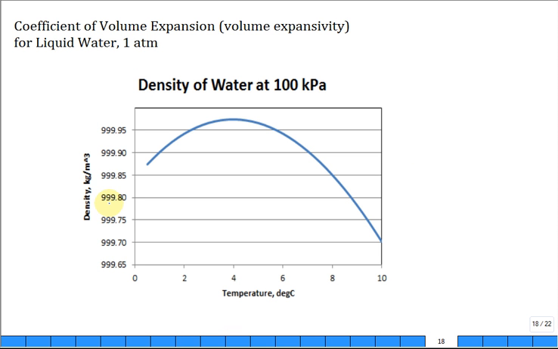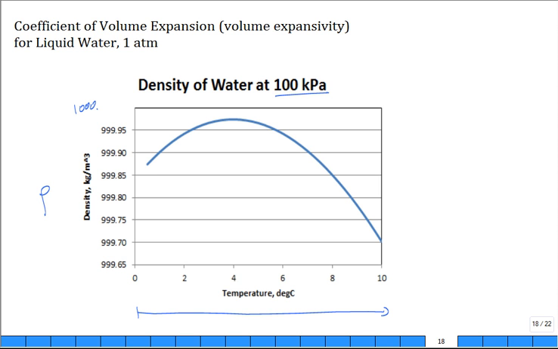What are we showing? This is the density of water. It's 100 kilopascal, 1 atmosphere. The temperature ranges from 0 to 10 degrees C. It's in the liquid state, right? All right. Take a look at the values. It's around 1,000 kilograms per meter cubed.